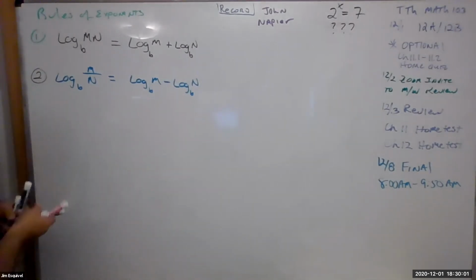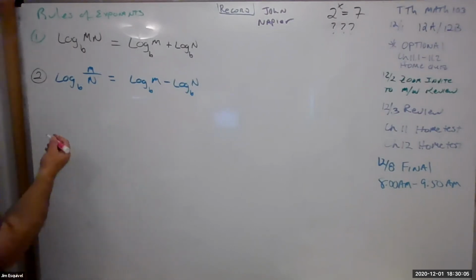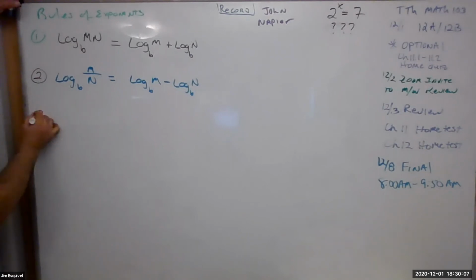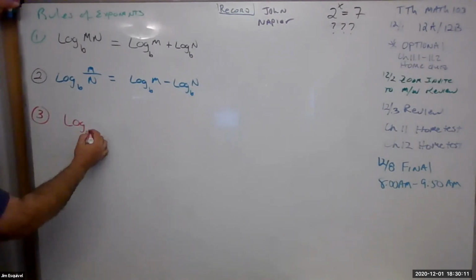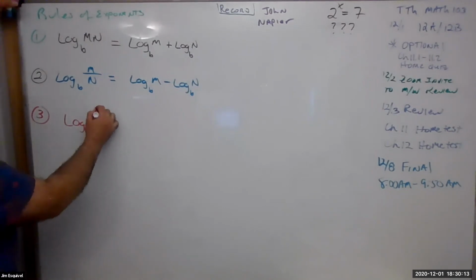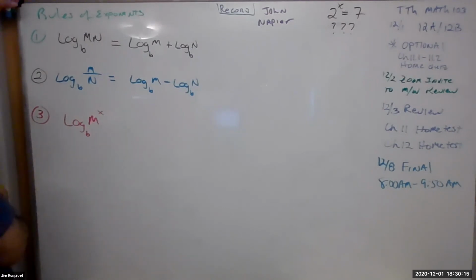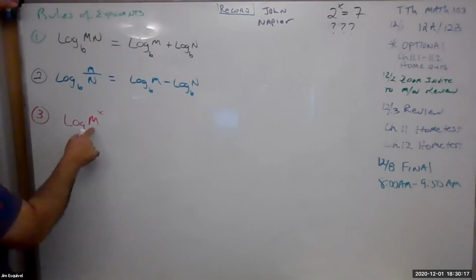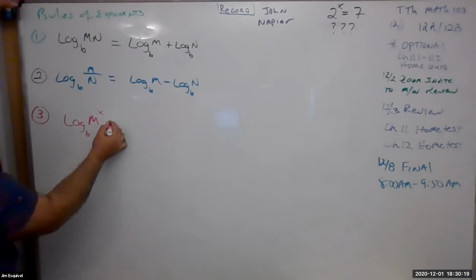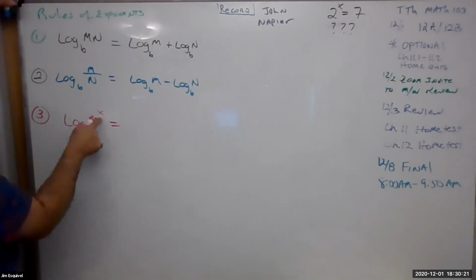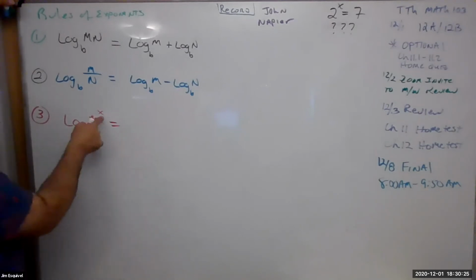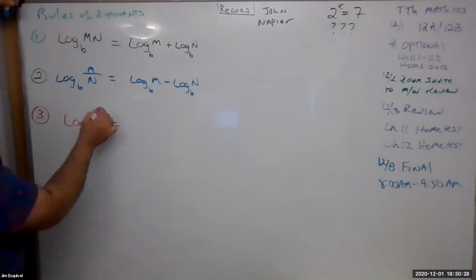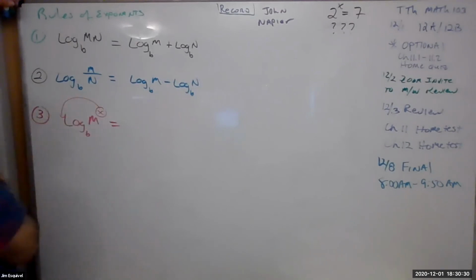And the third one, I made a little crack earlier about the Price is Right. The third one I like to call the Price is Right property. Log base b of m to the x power. An exponent. So raising something to an exponent, I like to call this the Price is Right property because that exponent can come on down.